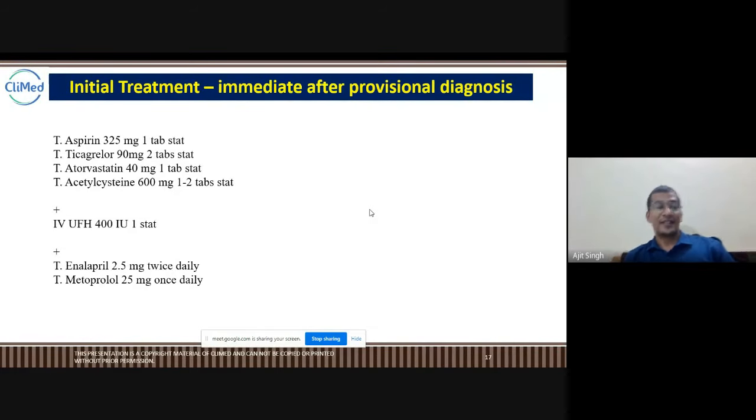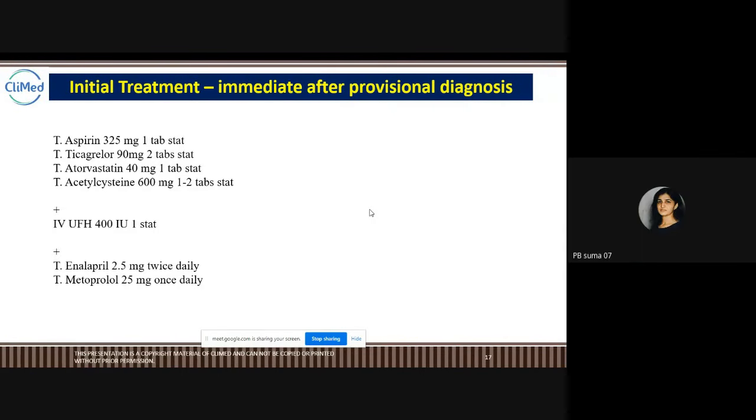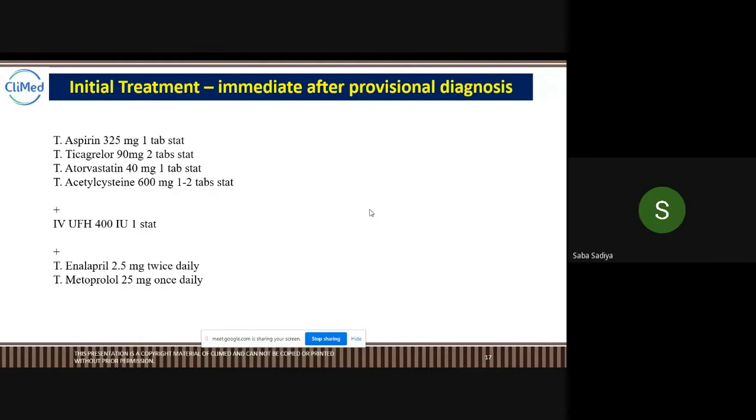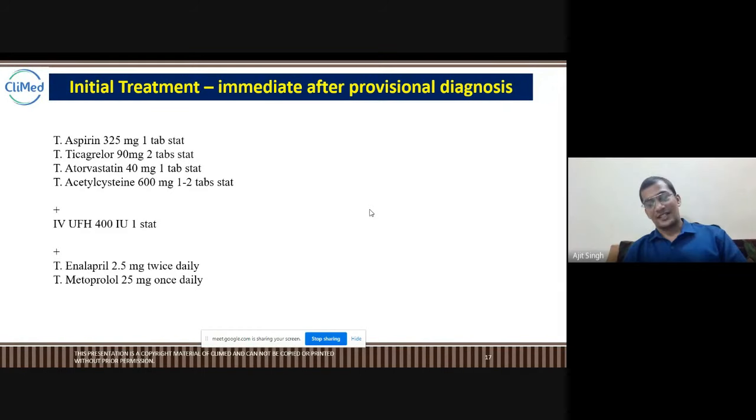What is the exact indication for acetylcysteine here? It's a precursor for glutathione. Yes, but why are we giving it here? To relieve the chest condition. Yes, but we are not giving it for chest pain exactly. There are two things.